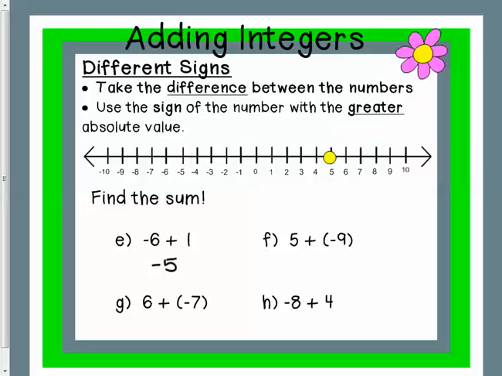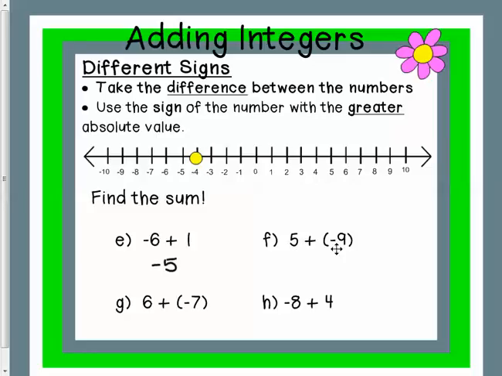Over here, I'm starting at +5 and I'm going back, or I'm adding 9 negatives to it. So 9, take away 5, even though the 9 is over here, I'm still taking 5 away from it. You're finding the difference between the two numbers.